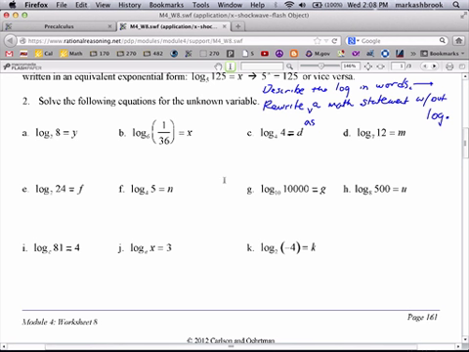I wanted you to practice either writing or saying the words of what the logs mean first, and then based on the phrase, write the equivalent statement. The words are what exponent is the log. That first one, what exponent is that log?